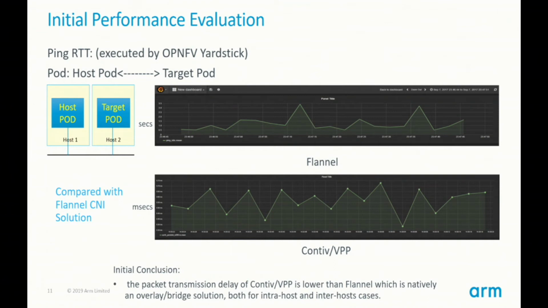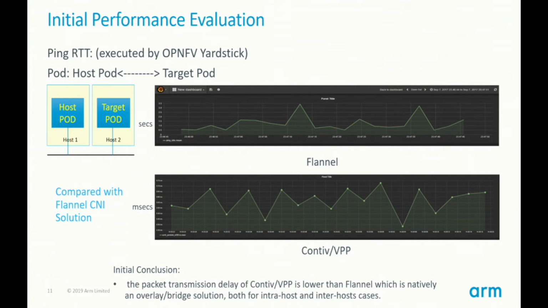This is a simple test of the ping round trip time, using OVN-NFV Yardstick, for ping RTT between two hosts. For the upper level, we use Flannel. Flannel is a very popular container network solution, but with an overlay solution between hosts.